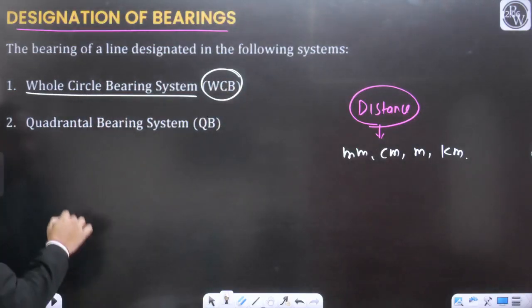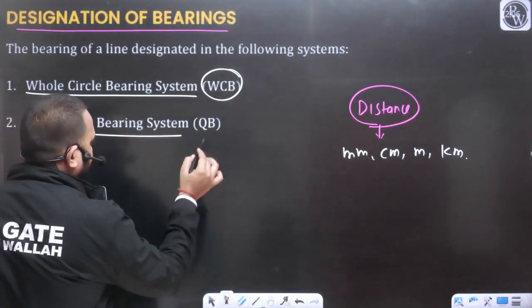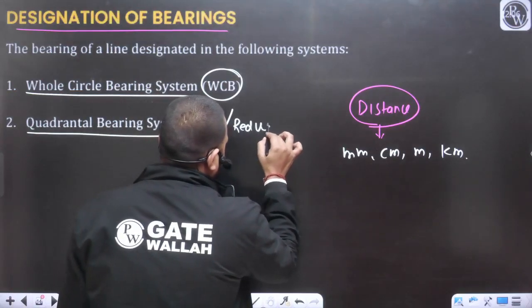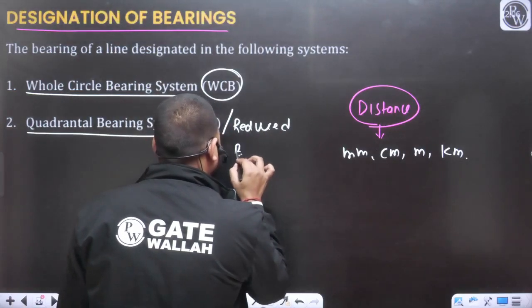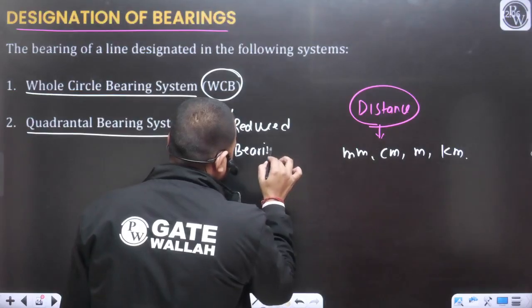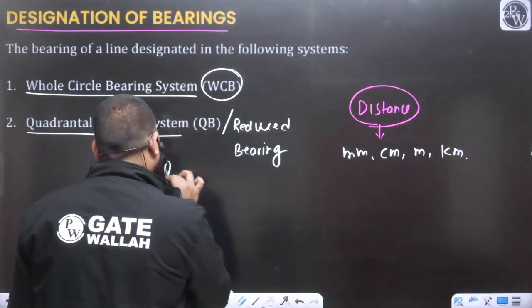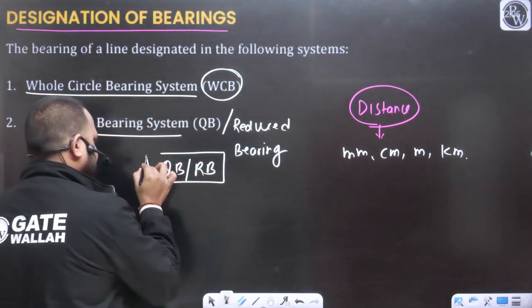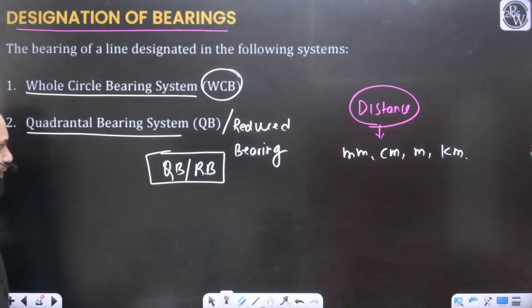And another is the quadrantal bearing system, or you can say the reduced bearing system, in short the QB or RB system. So one is the WCB system and another is the QB or RB system.